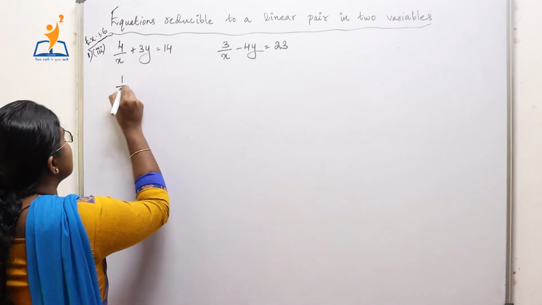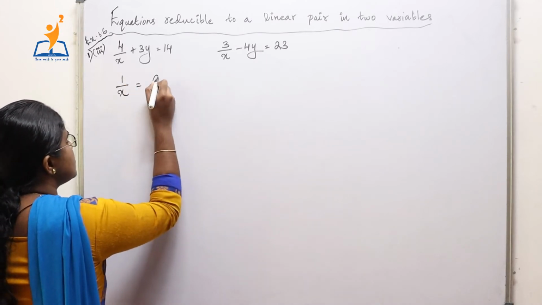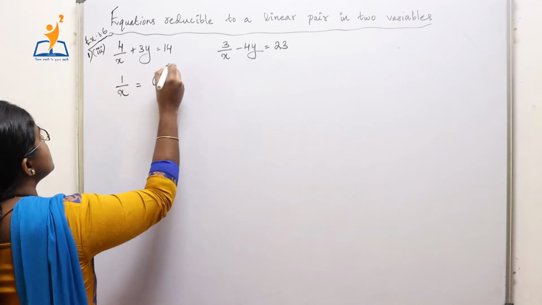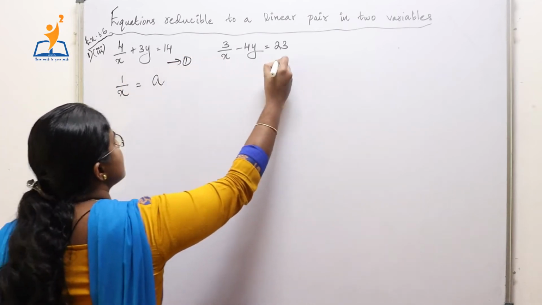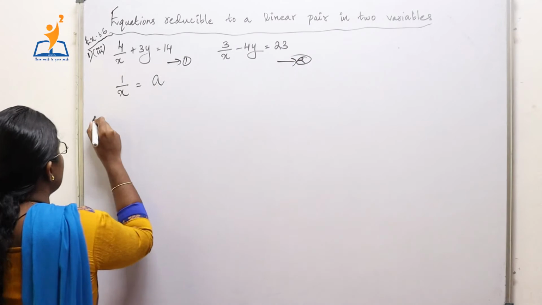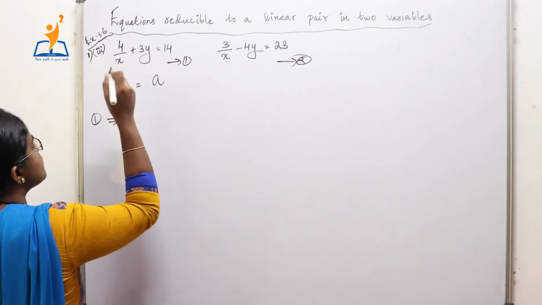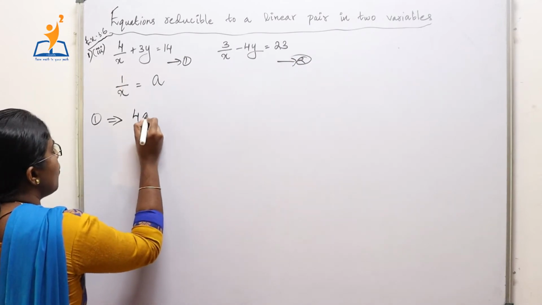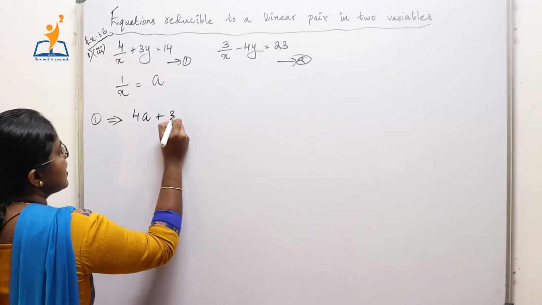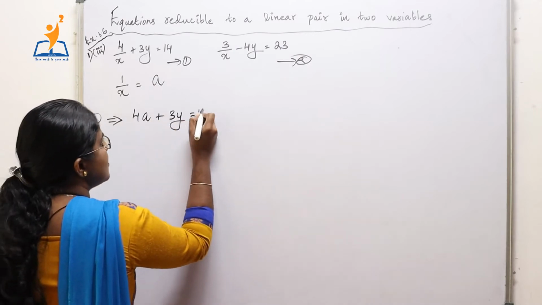That is, let's take 1 by x is equal to a. So equation number 1 will become like this. 4 by x is nothing but 4a, plus 3y remains like that, which is equal to 14.